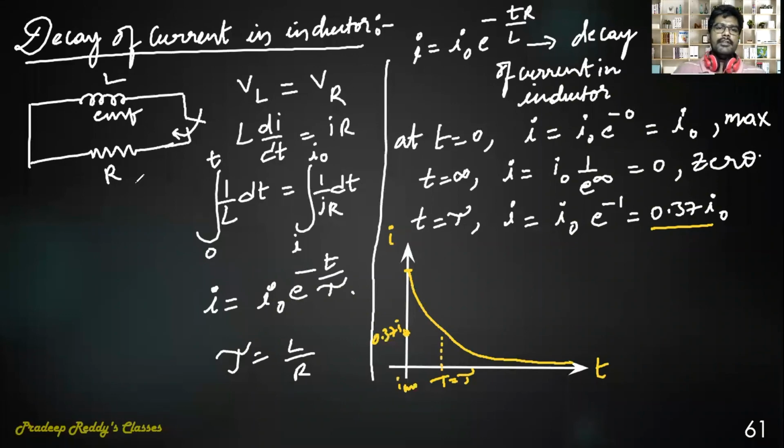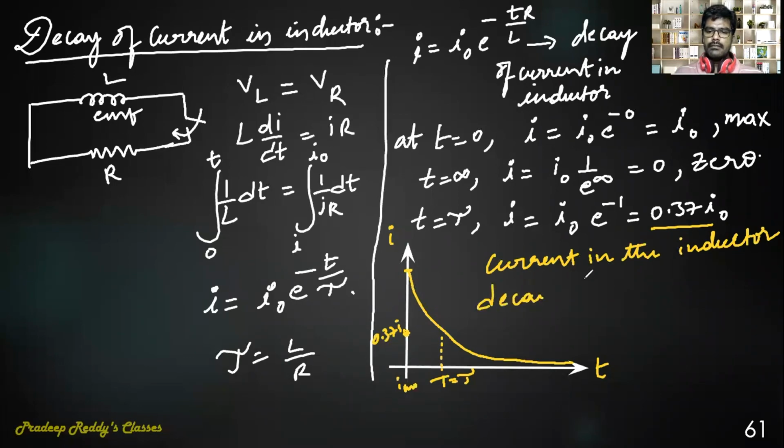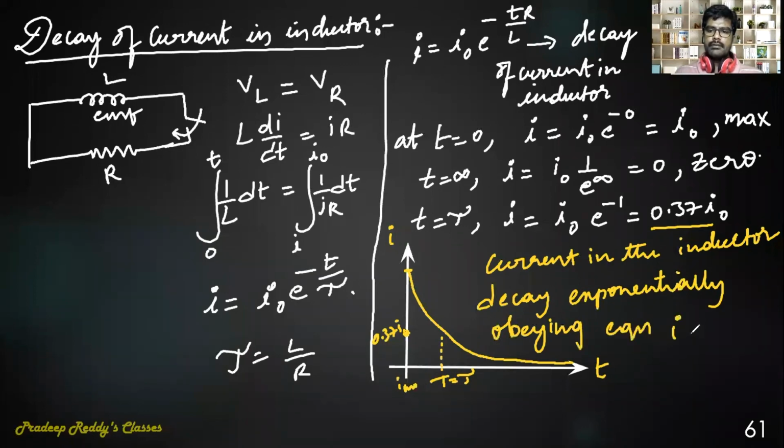And when you take such an inductor and connect it to the resistor, what is happening now? Current in the inductor decays exponentially, obeying the equation I is equal to I naught e power minus t by tau.